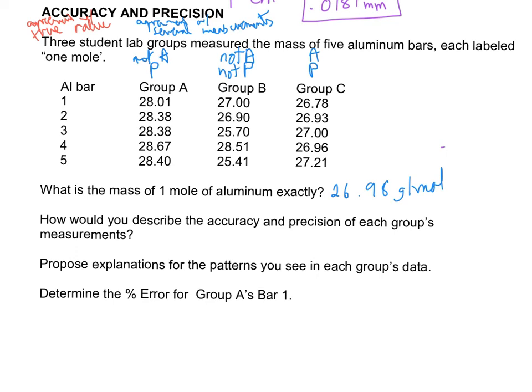Okay, we want to also propose explanations for the patterns you see in each of the group's data. So obviously Group C is fine, but what could be something that went wrong with Group A and B? Group A, they are precise, but they're not accurate.